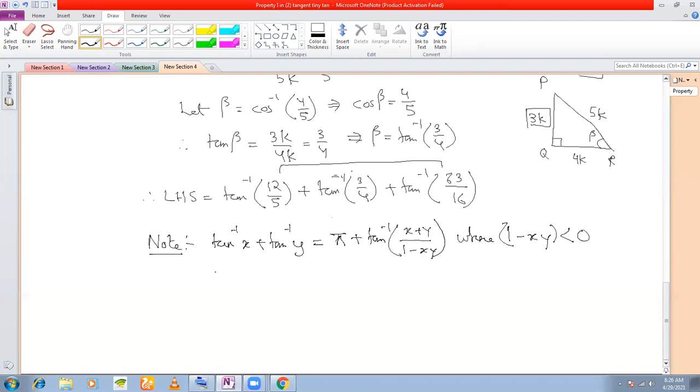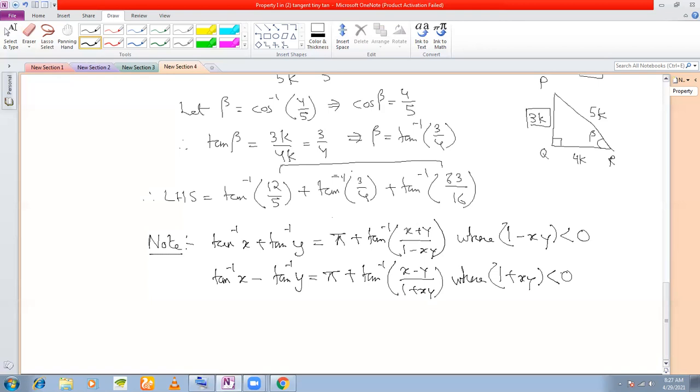So this is for the first one, and the second one, tan inverse x minus tan inverse y is equal to again pi plus tan inverse x minus y by 1 plus xy, where the denominator is negative. This is the result that you should be using.